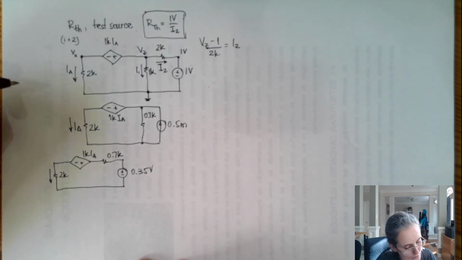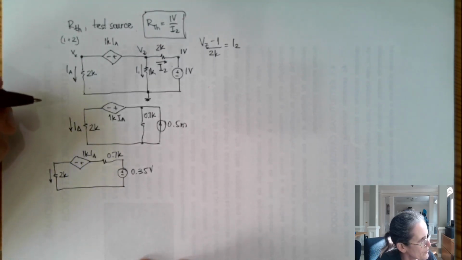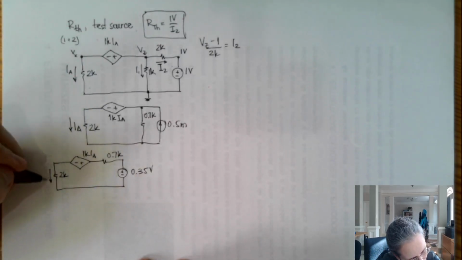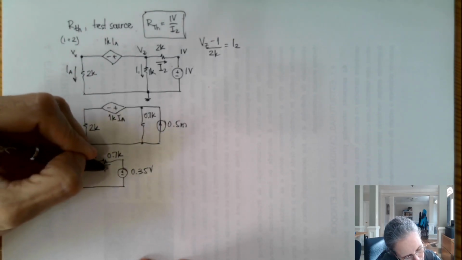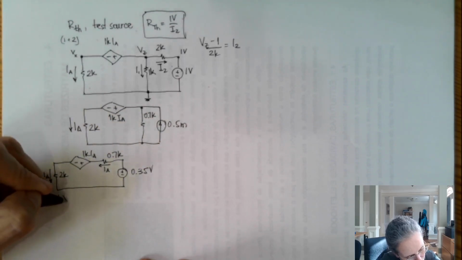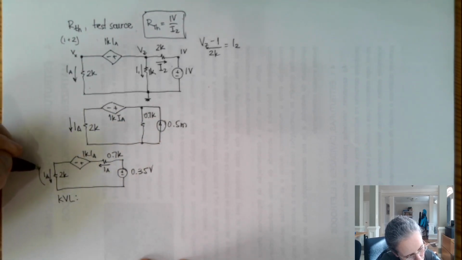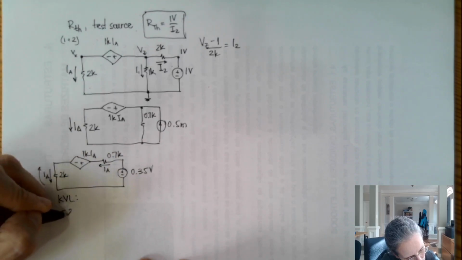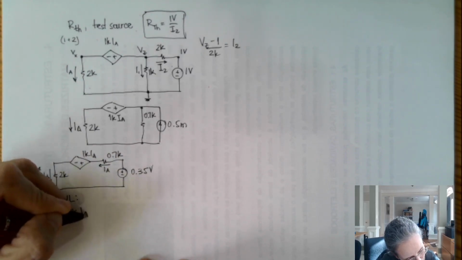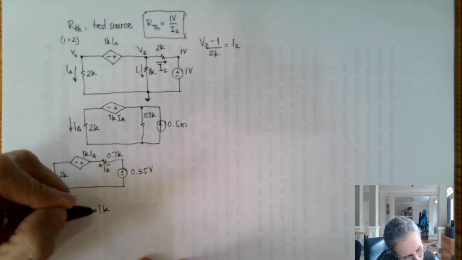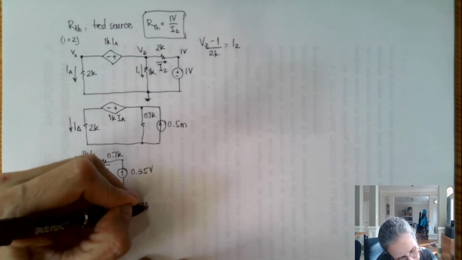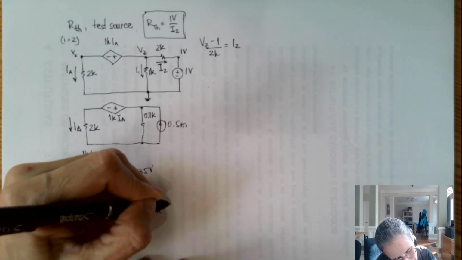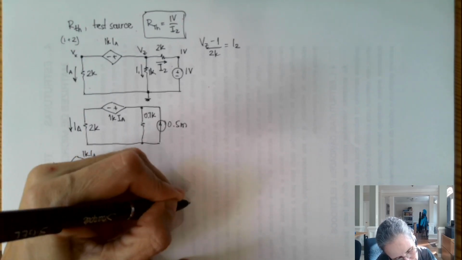Okay, so now I can use mesh analysis, or before we knew what mesh analysis was, we used this as KVL. And in this case, it's like this: minus 2K IA minus 1K IA minus 0.7K IA plus 0.35 volts equals 0.